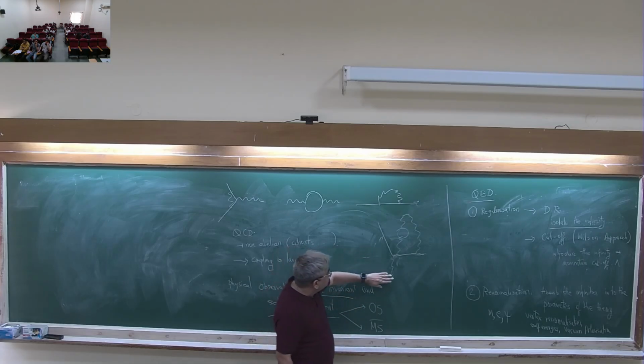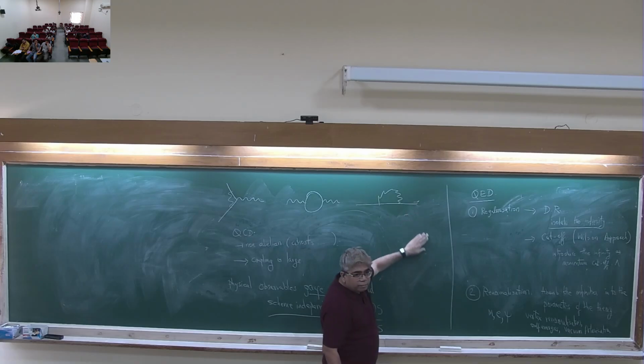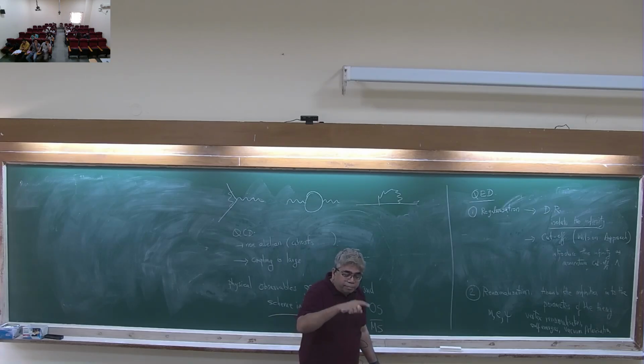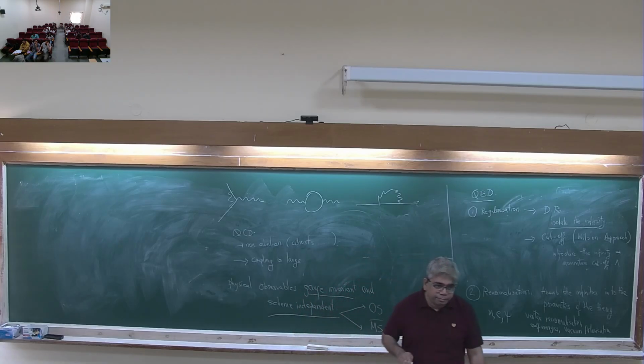The field itself, A mu, will not really get renormalized because it's just a gauge parameter, always associated with the gauge. But Pi mu nu is there, the propagator gets renormalized.